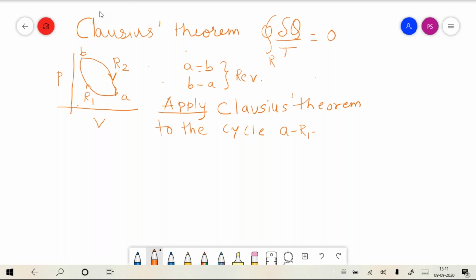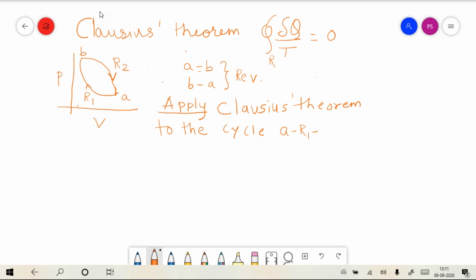It gives you that the cyclic integral of del q by T via the paths R1 and R2 is equal to 0. Let me rewrite it.